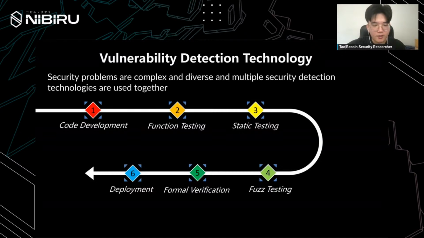The last part, the fuzzy testing and the formal verification, will be conducted by the security companies after the audit, and you can modify the code to solve those bugs, and then you can do the deployment on the mainnet of a blockchain.